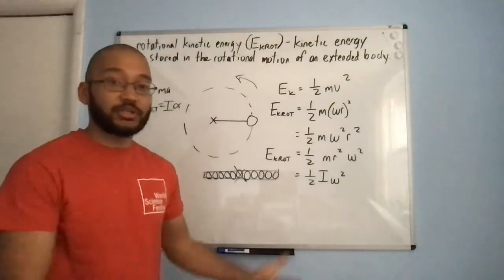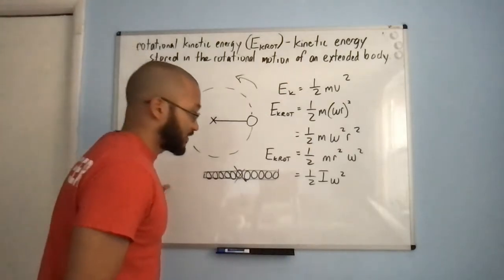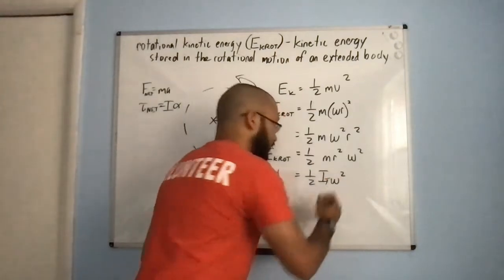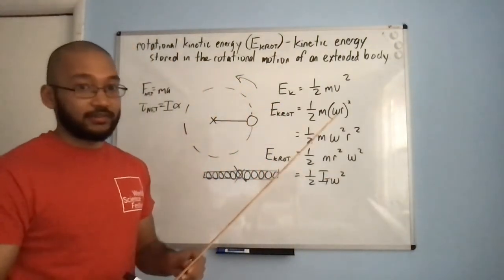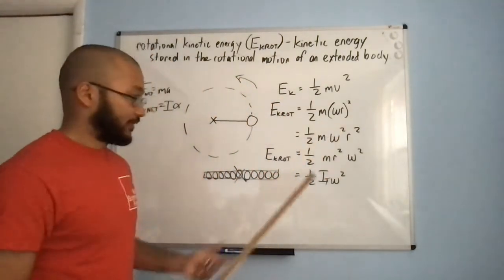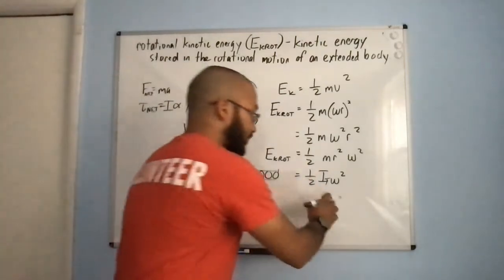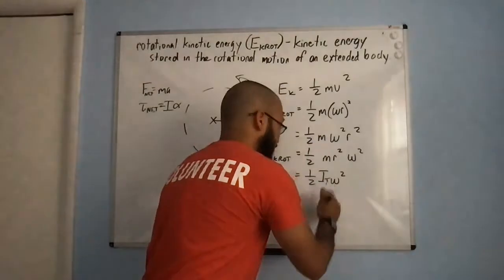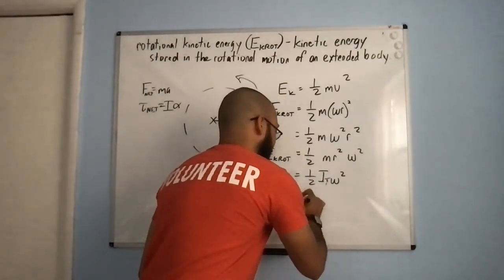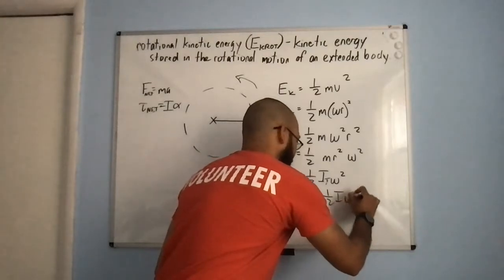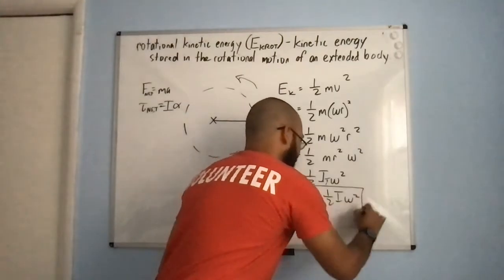But what can be shown is that when you sum this all up, using the total rotational inertia of an object, the thing you would look up on a table, the equation still holds. So this equation doesn't apply to just point masses, it applies in general. So E_K rotation equals 1/2 I omega squared. I believe this is on your reference table.